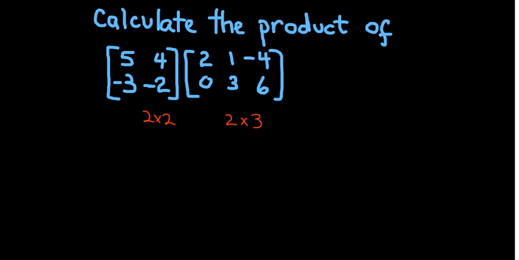Make your choice and tell me, why do you think these matrices can be multiplied, or what is your validation for the matrices being able to be multiplied by each other? There we go. Thank you, Dominique. The inner numbers are the same. What is the word that we use to refer to matrices which can be multiplied, where you see this happening here, the inner numbers being the same?